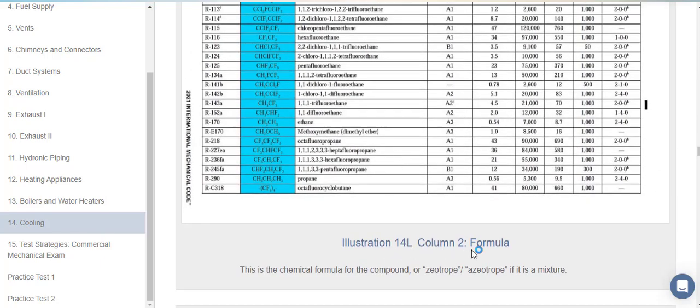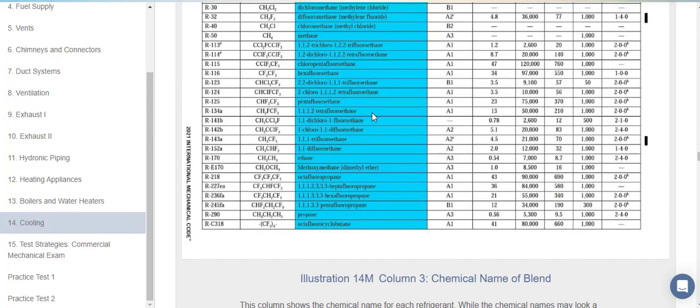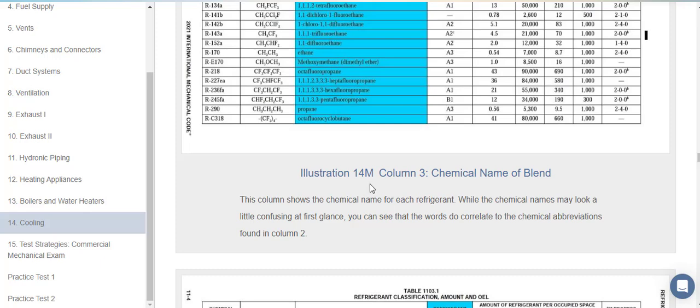Illustration 14L, column 2, formula. This is the chemical formula for the compound or zeotrope, if it's a mixture. Column number 3, highlighted in blue, illustration 14M, column 3, chemical name of blends.